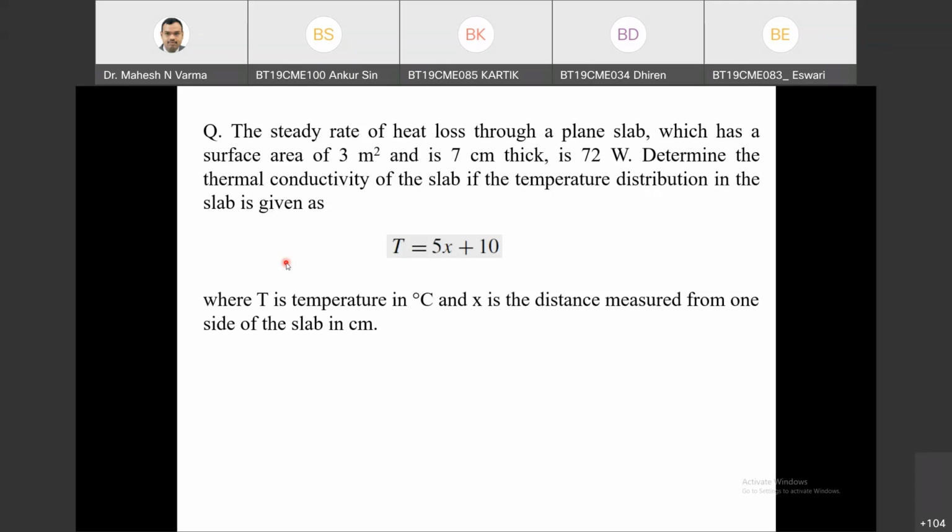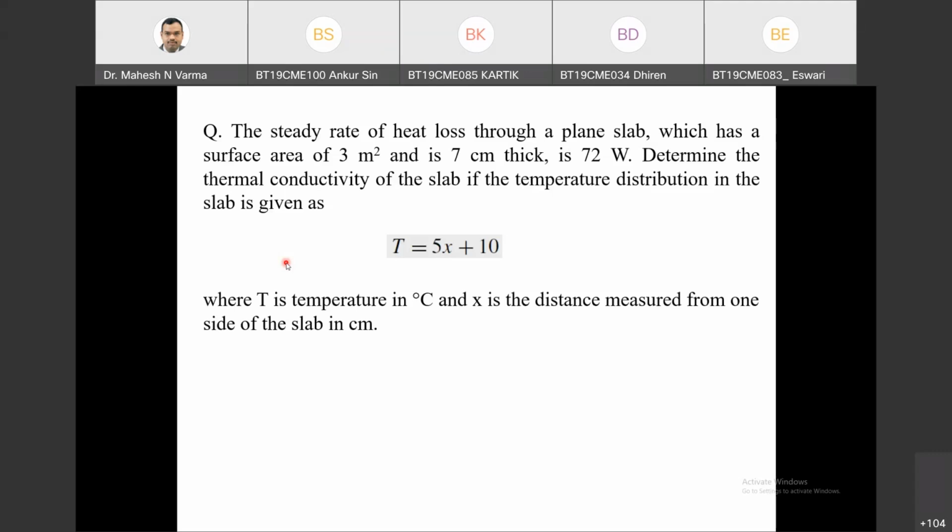Anybody? What is the unit of K? Sir, K is watt per meter Kelvin, sir. Okay. So now you have converted degree Celsius into degree Kelvin. No, sir. So how come you got K in degree Kelvin? First of all, do you need to convert this degree Celsius into degree Kelvin?